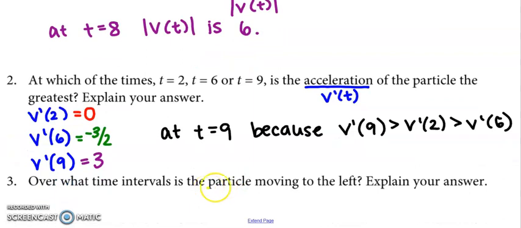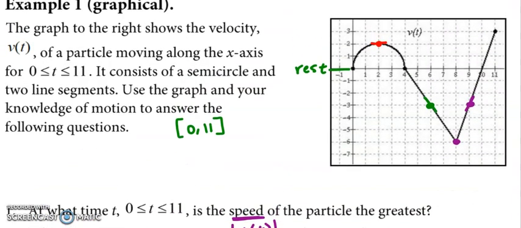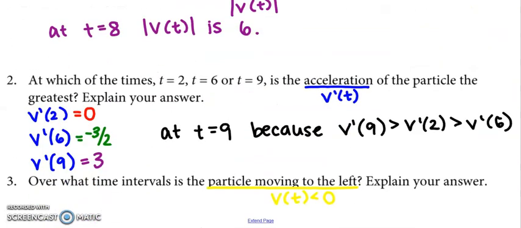Well, by mathematical definition, a particle moves to the left when v of t is less than 0. Looking at this graph, v of t is in negative territory between time 4 and 10. So on the interval from 4 to 10, because, explain your answer, right? Because v of t is less than 0.